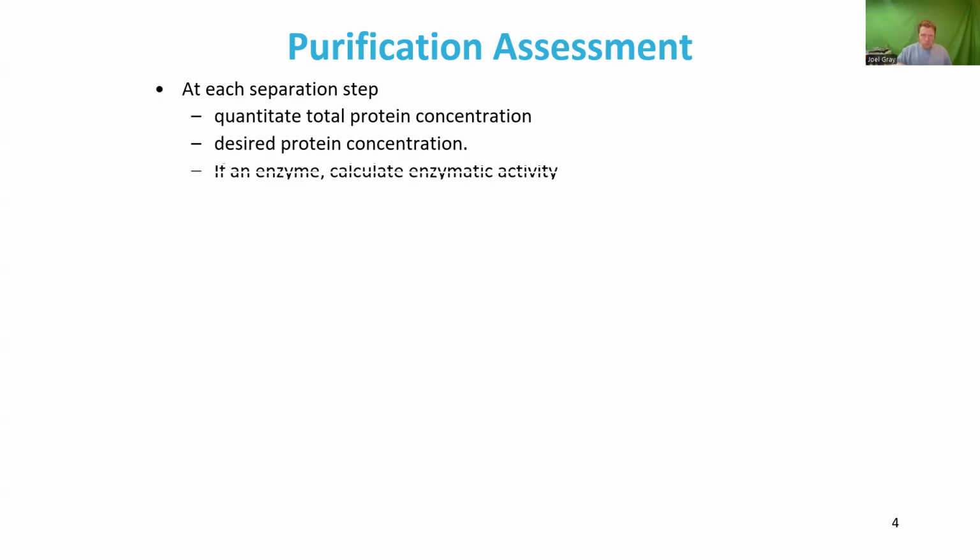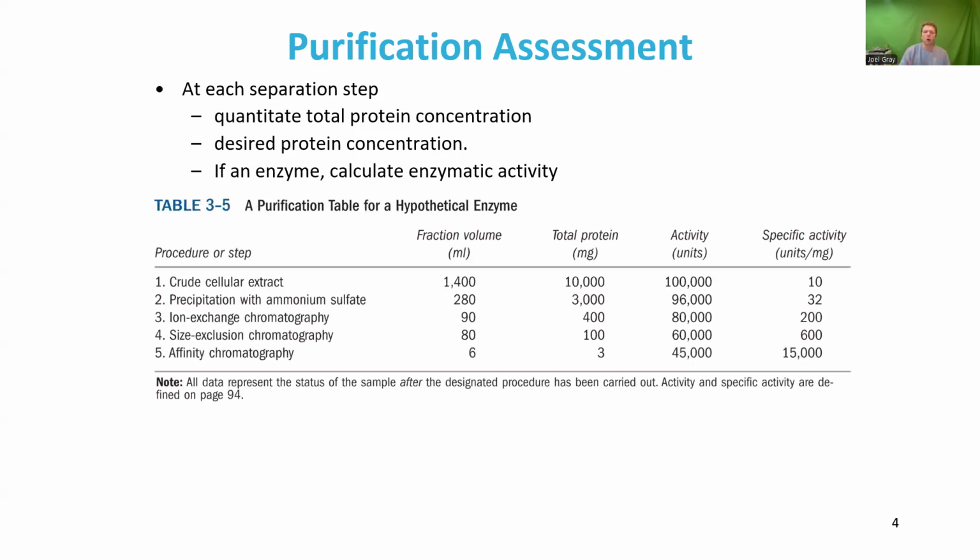Now, with that in mind, whenever you do this sort of separation, you always want to be quantifying it. What I mean by that is you always want to be keeping track of different numbers. Conceptually, when you're purifying a protein, one of the most important things for you to follow and understand is, if you're purifying an enzyme, that enzyme needs to have some sort of activity.